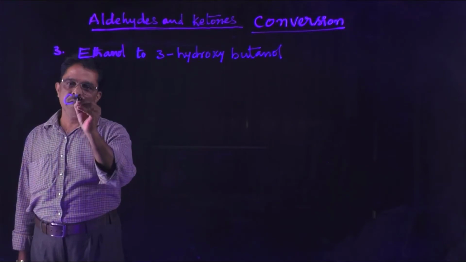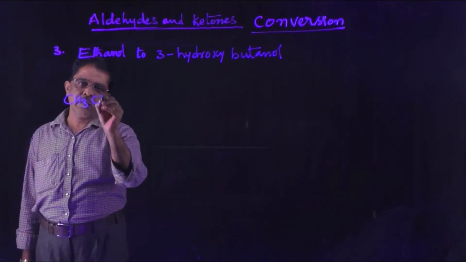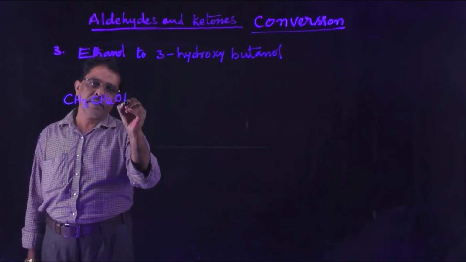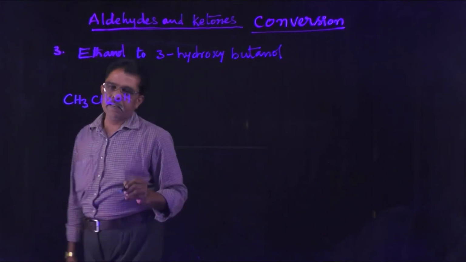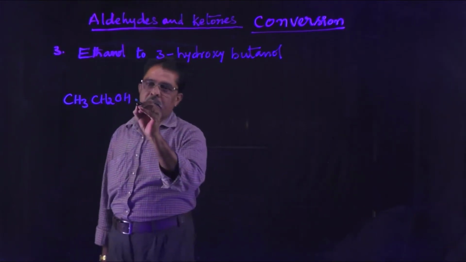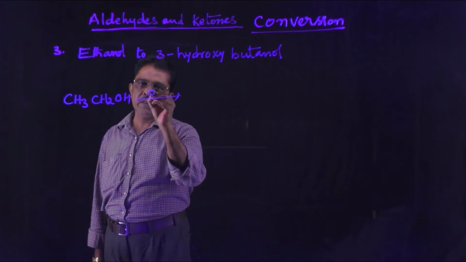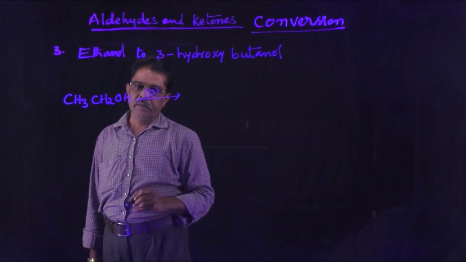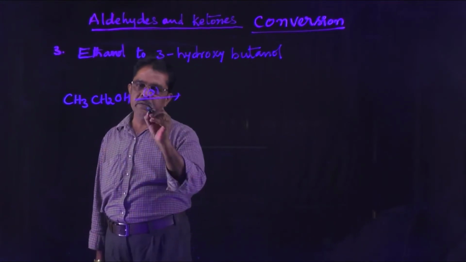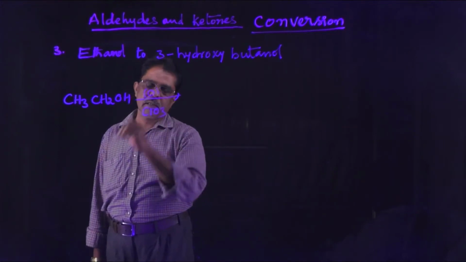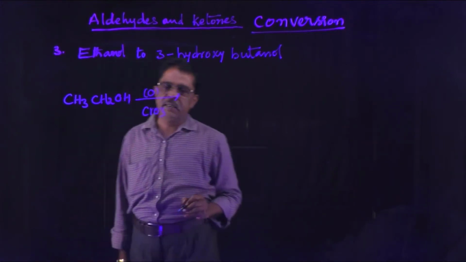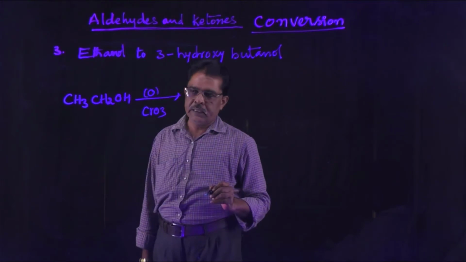Ethanol formula you know very well, CH3CH2OH, right? This is the what? Alcohol. This alcohol is subjected to oxidation, using the oxidizing agent CrO3.